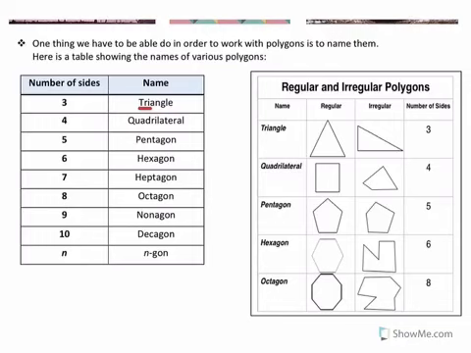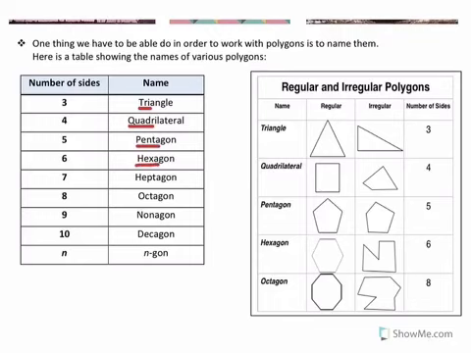A 4-sided shape is called a quadrilateral because quad means 4. And you're going to be like, well, but I thought a 4-sided shape was a square or a rectangle. You're right. Those are types of quadrilaterals, but any 4-sided shape is called a quadrilateral. Okay, like a pentagon, penta means 5, so that's a 5-sided shape.